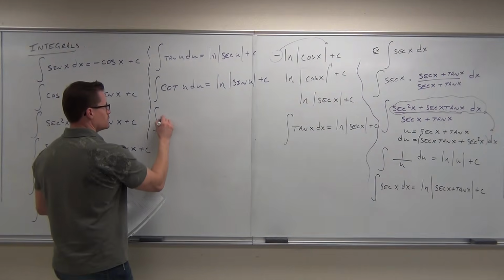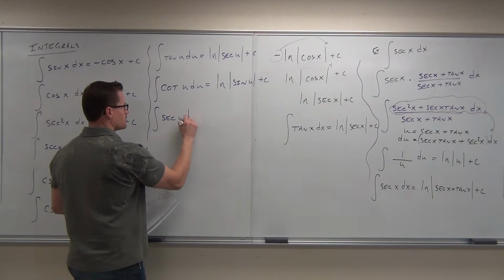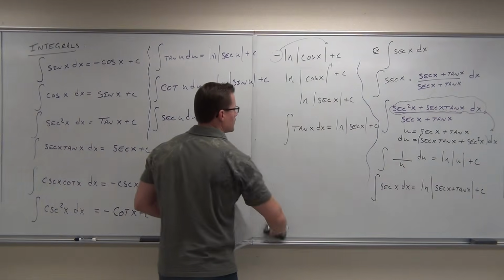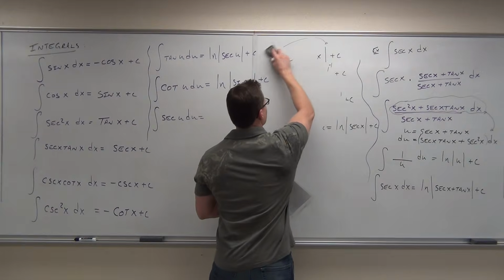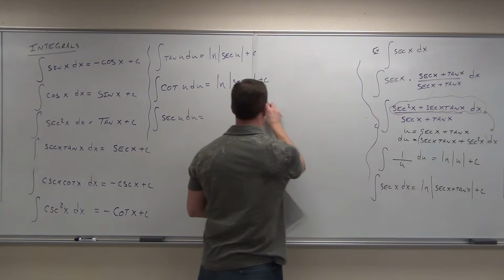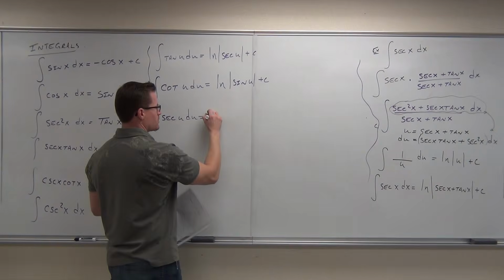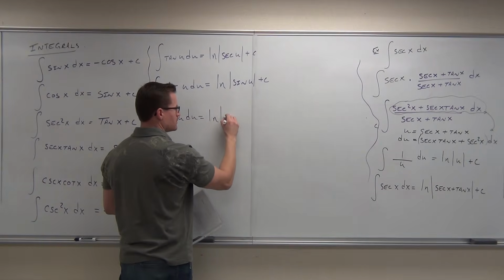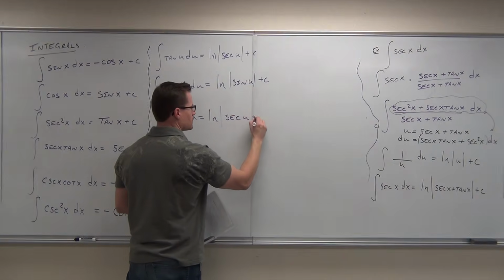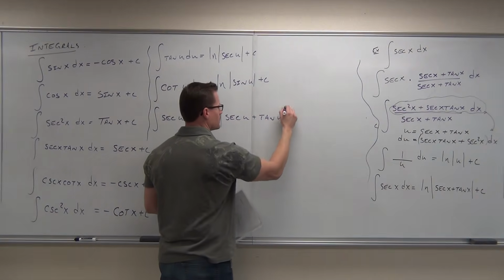This one we did do. This one we did do. Did right over there. So this would be ln absolute value secant u plus tangent u plus c.